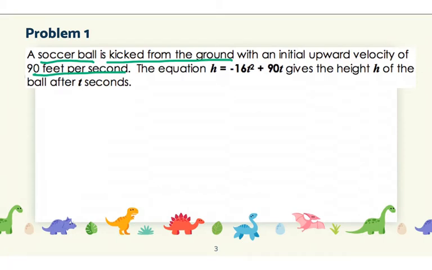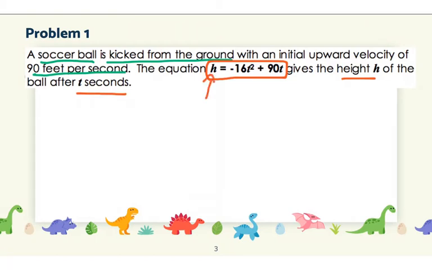Try to read it straight through and see if you can get a sense of what it would look like. The equation h equals negative 16t squared plus 90t gives the height h of the ball after t seconds. So that's one of the first things I need to note.